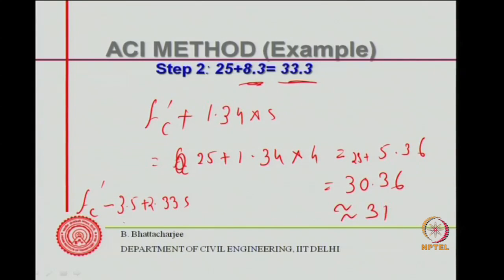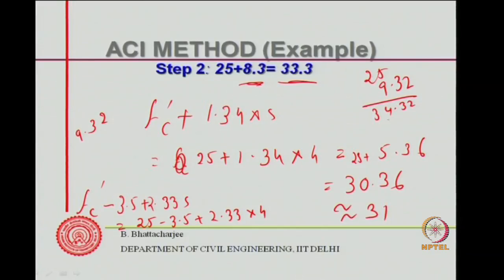So if s is 4, this value becomes 25 minus 3.5 plus 2.33 into 4, which gives 9.32. So 25 plus 9.32 minus 3.5, approximately it will be 31.